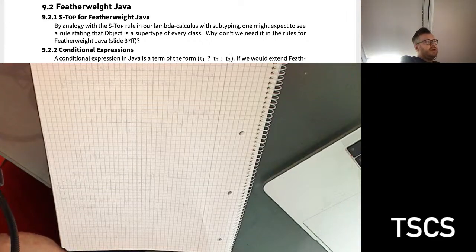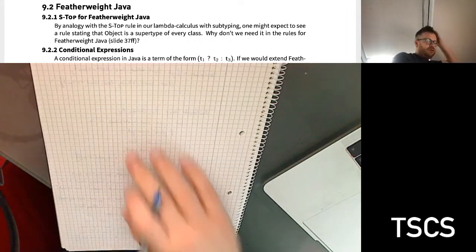So we don't need an explicit stop rule that states that Object is the supertype of every class, since we have it in the syntax anyway. The other thing is, since these clauses are not allowed to be cyclic, the chain of extends clauses from every class must eventually end with Object.